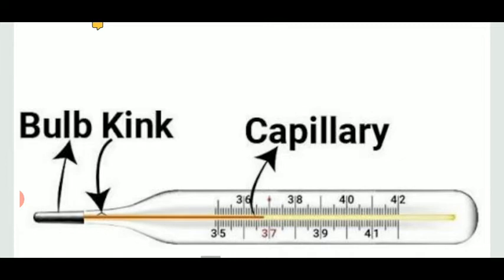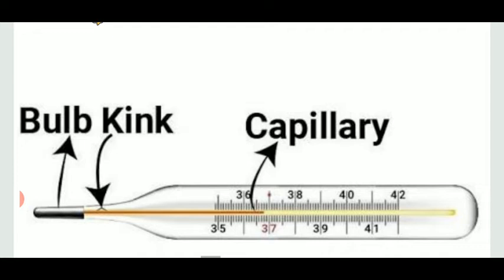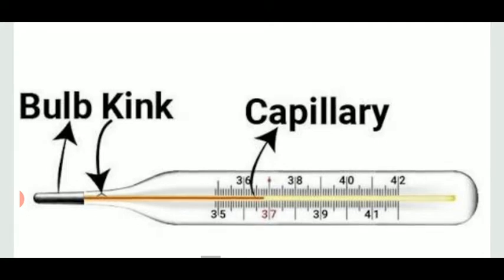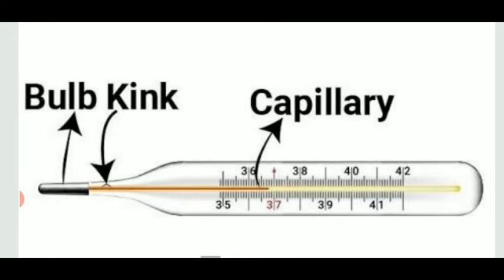This is the reason that when the clinical thermometer bulb is removed from the mouth of a patient, the mercury level does not fall on its own. Due to this, we can read the correct body temperature of a patient even after removing the thermometer bulb from the mouth. So this is one of the important characteristics of clinical thermometer, that is the presence of the kink.